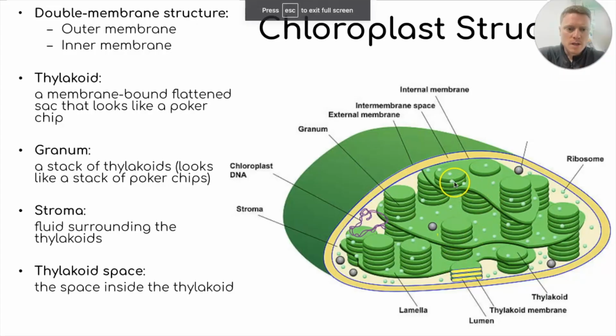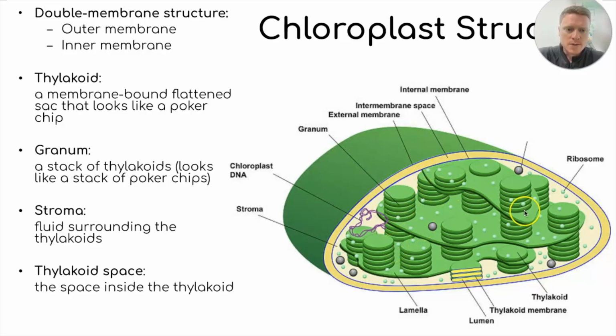As I was mentioning, there is this connecting piece between the thylakoids within the granum, and that really is just to connect one granum stack to another stack of thylakoids.